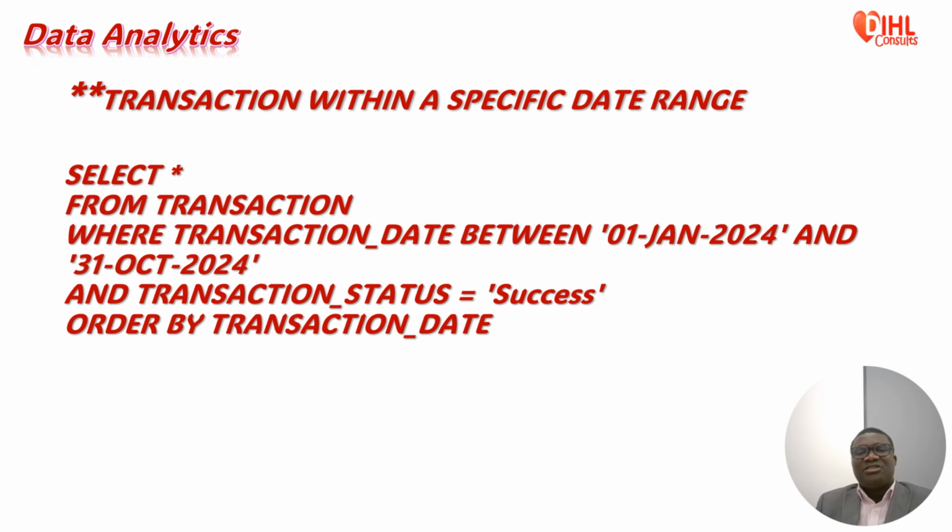We can also select transactions within a specified date range. For instance, within a year, you want to select transactions for a period of months. So select all from transaction, where transaction date between 1st of January 2024 and 31st of October 2024, and transaction status equals success, order by transaction date.